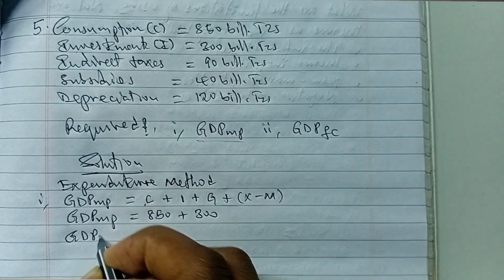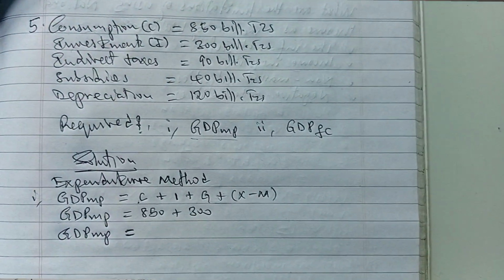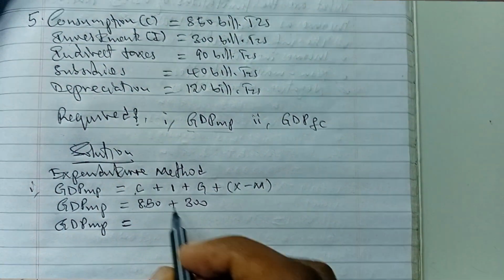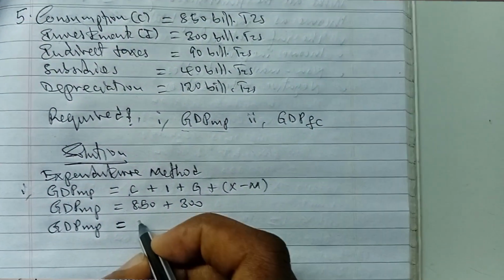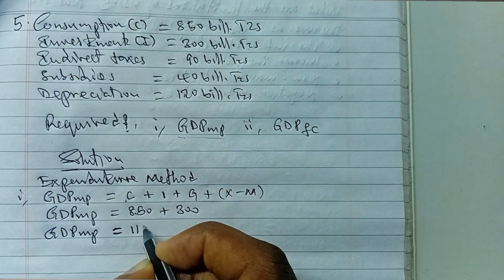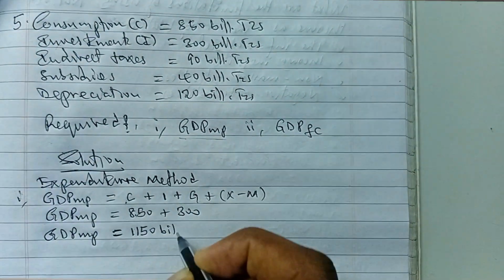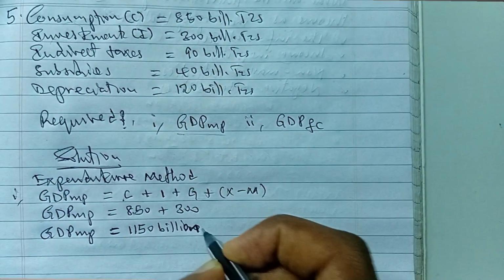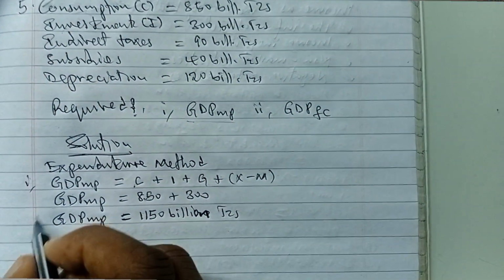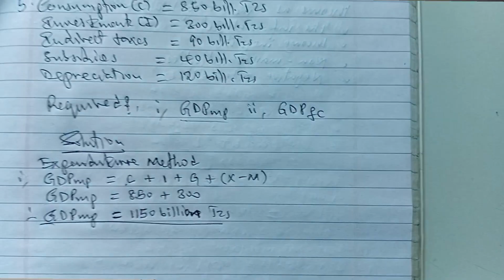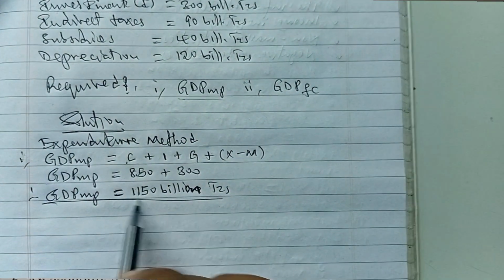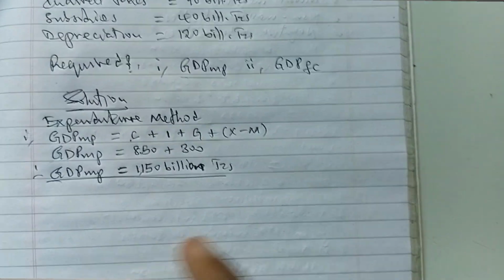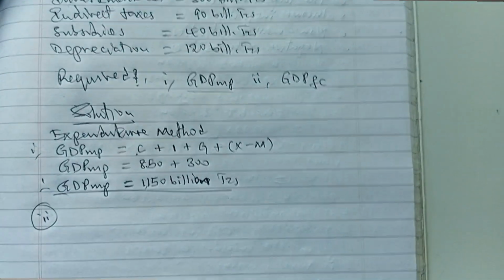We take this one plus this one, which equals 1,150 billion Tanzania shillings. So there we have got Roman 1: your gross domestic product at market price is 1,150 billion Tanzania shillings.